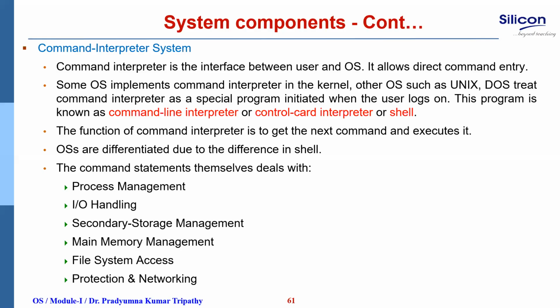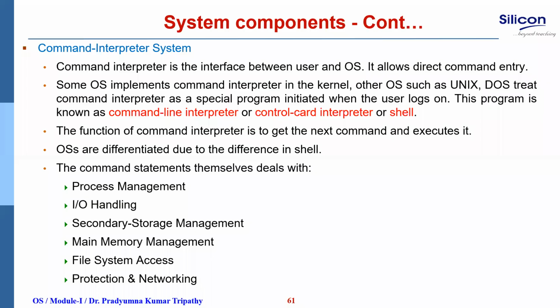Which type of command? Commands related to process management, memory management, secondary storage management, IO management. To acquire the status of these, I will give some commands. For example, I want to know what processes are running, so I'll write ps -el. So you'll get the processes.